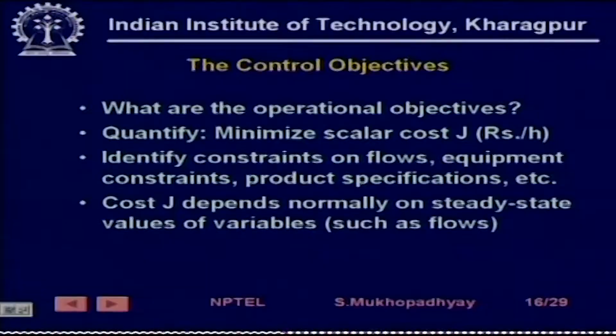And it turns out that the cost J, that is the cost that you want to minimize, generally depends much more on steady state values of variables, such as flows, especially in process control, because processes are typically not oscillating all the time, right. They will oscillate once in a while, but most of the time they are going to stay in their steady states, and therefore it is these steady state values which mainly decide the cost.